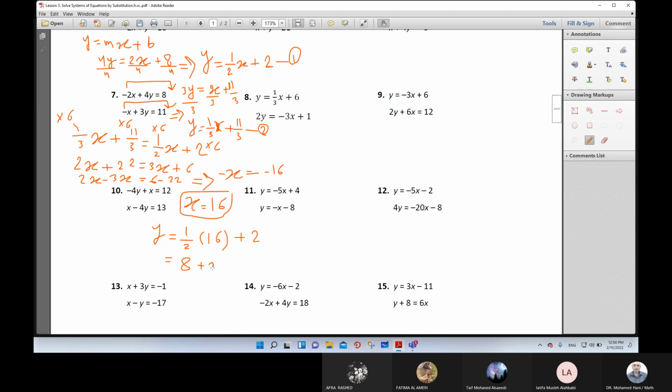Then 8 plus 2 will be 10. So it means we have 16, 10. The solution will be 16, 10.